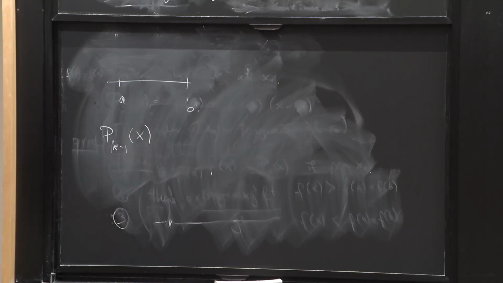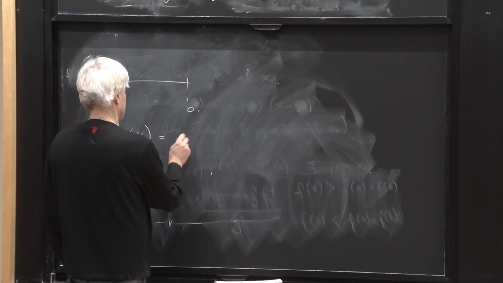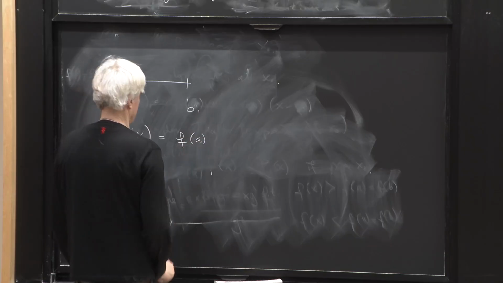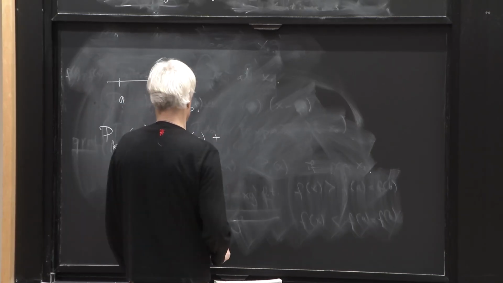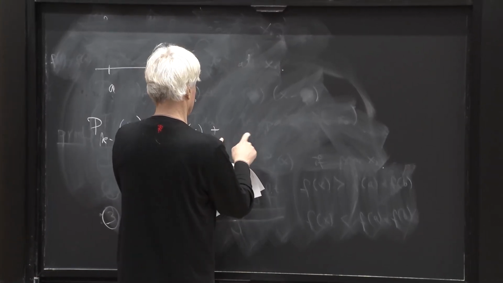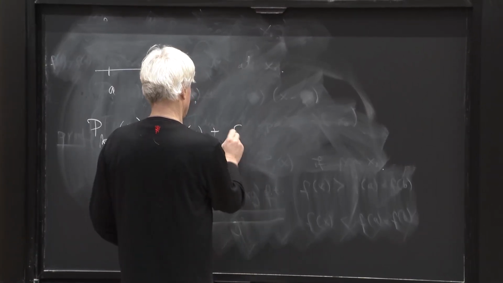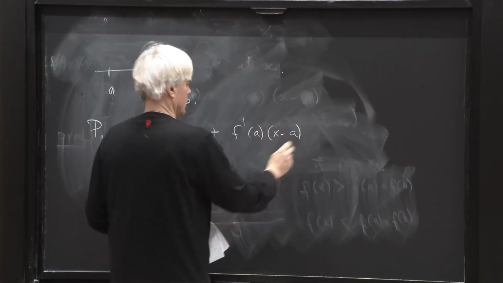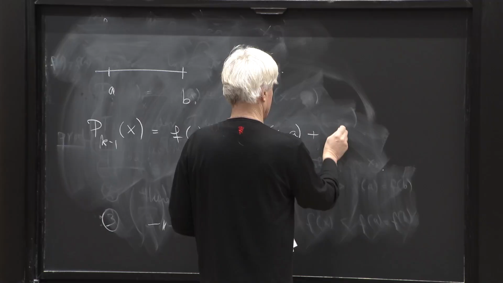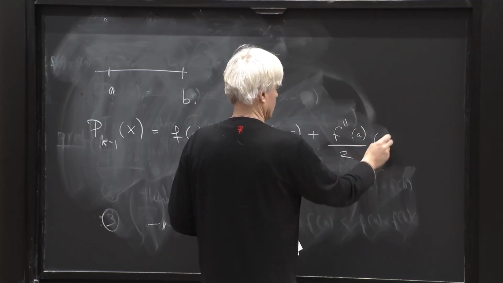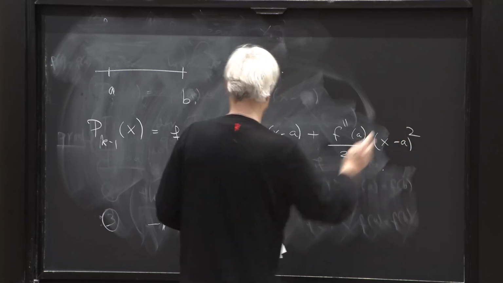For that we write it in terms of X. And this is the polynomial where the constant term is the value of f at A. The coefficient of the first order term is f prime at A, times x minus A. The coefficient of the second is the second derivative at A, divided by 2, times x minus A squared.